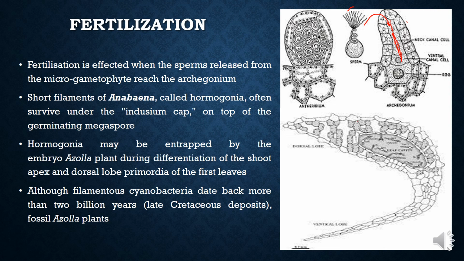And this is the picture of the upper lobe of the plant, where this Anabaena azollae is contained inside the gas vacuole of the upper lobe, and this Anabaena also gets transported to the embryo region.